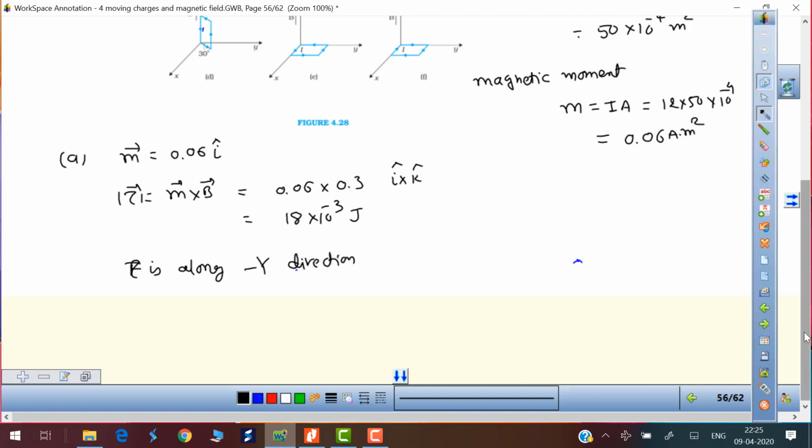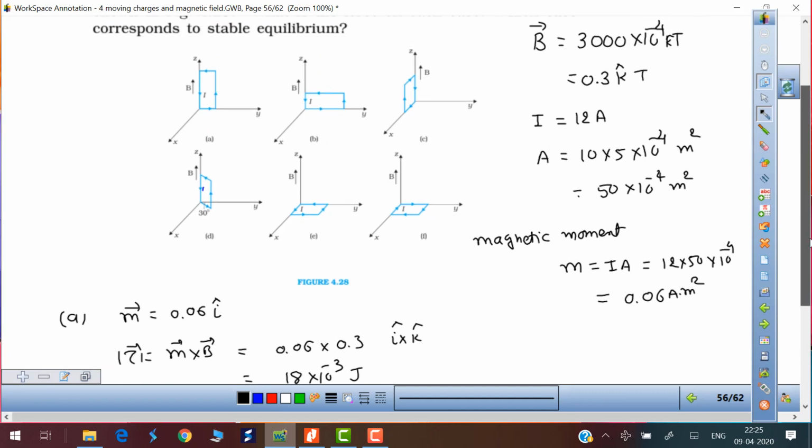Similarly, now I give briefly. So here the magnetic moment is along the same direction, in the direction of I only, similar to here. And here also you are getting the same torque.